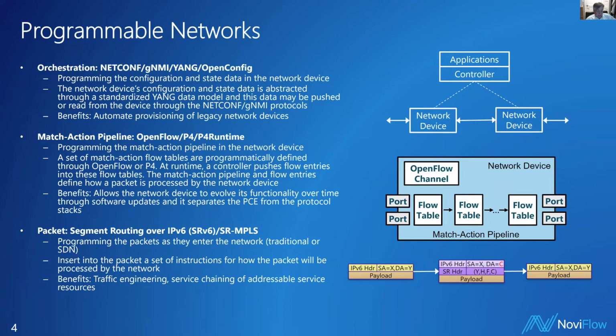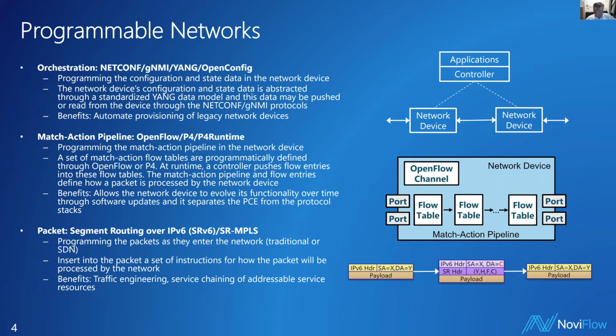The match action pipeline and the flow entries define how packets are processed by the network device. The application interacts directly with the match action pipeline in this way of programming. And the key benefit from this level of programmability is that the network device may be easily evolved in regards to functionality over time, and you also separate the path computation engine from the protocol stacks.